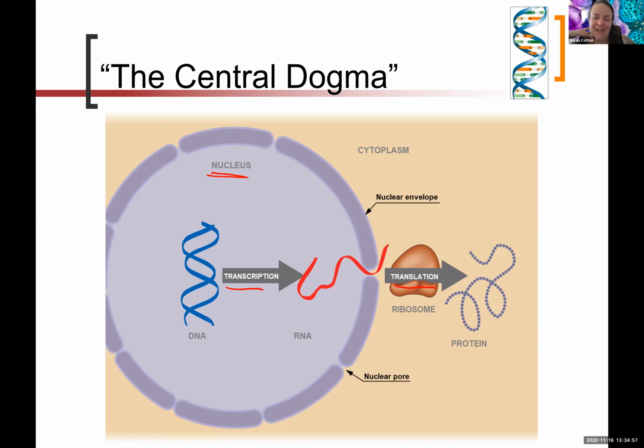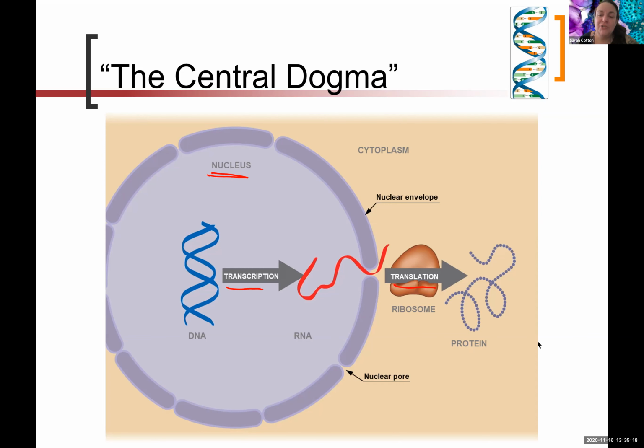That's right. But translation occurs on ribosomes. And in this case, what we're translating is the language of nucleotides, the RNA, to the language of proteins, totally different type of macromolecule, totally different language.